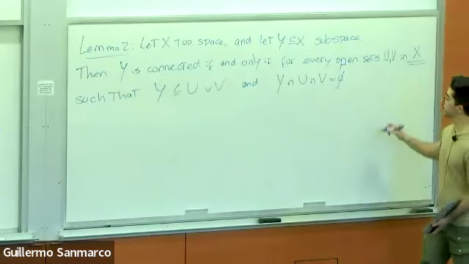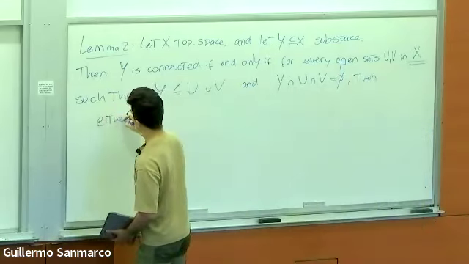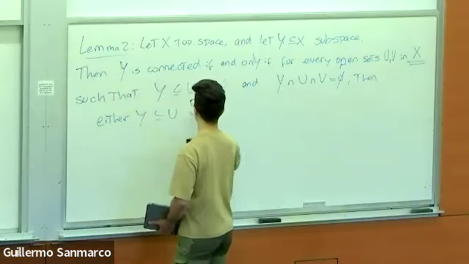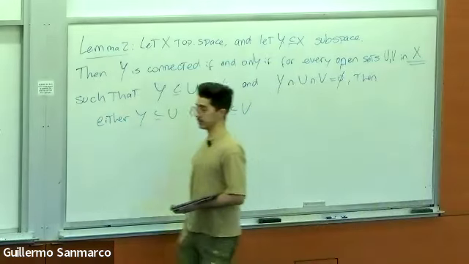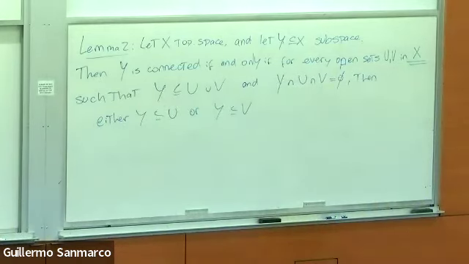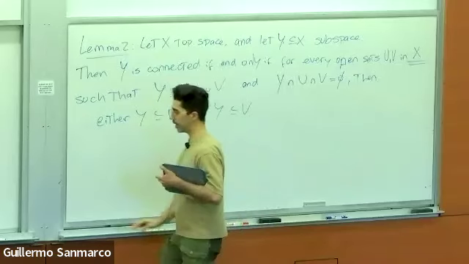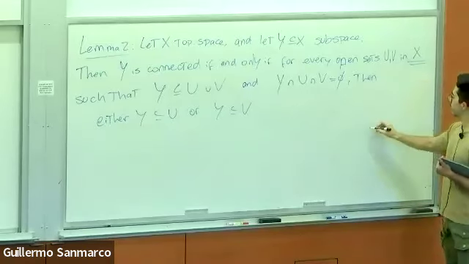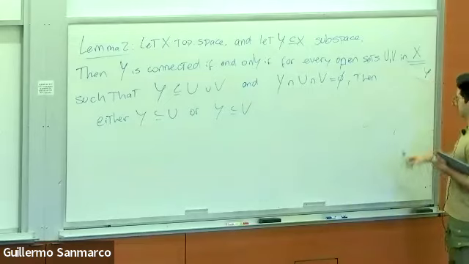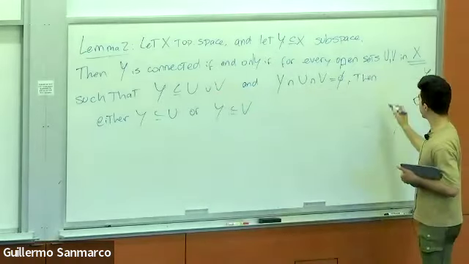So in this case, if you have such a thing, then either Y is a subset of U or Y is a subset of V. What we're doing here is something like, suppose the ambient space is the 3-dimensional space, and we have this to be our Y. I don't want U union V to give me Y. They could be bigger.